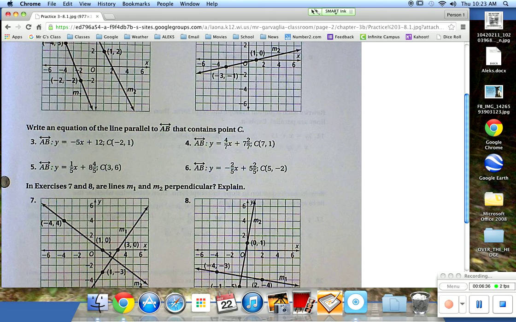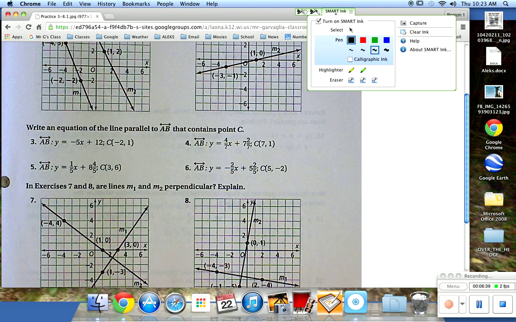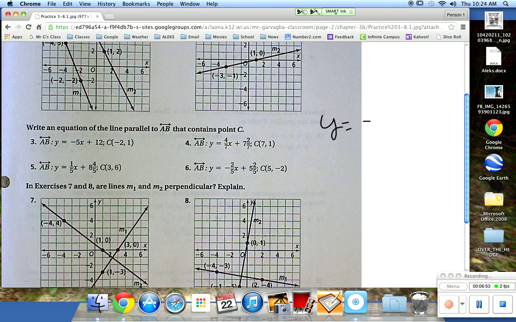I'm going to take AB, and I'm going to look at this equation. Y equals negative 5x plus 12. What's my slope in this equation? Negative 5, right? There's my slope.